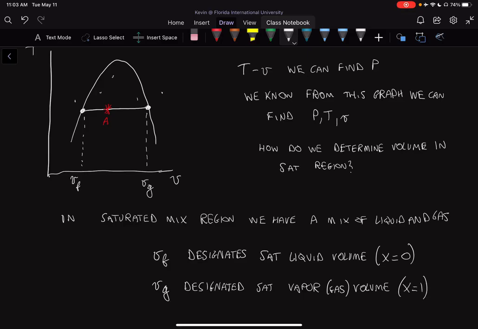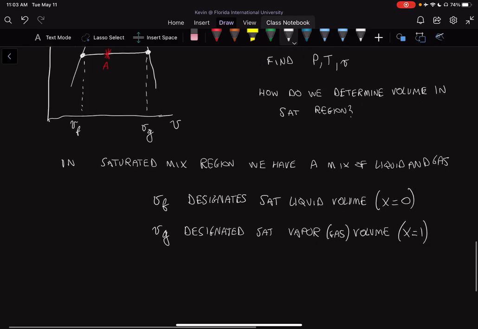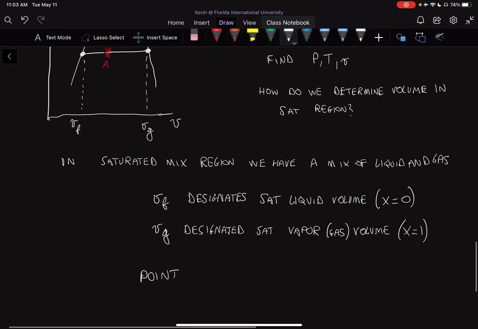So when Vg is achieved, we know that we have 100% gas, and at that point we're done with boiling, and anything above that will increase the temperature and the volume. Okay, and obviously in our diagram we can say that point A indicates that there is a condition that is part liquid, part vapor.